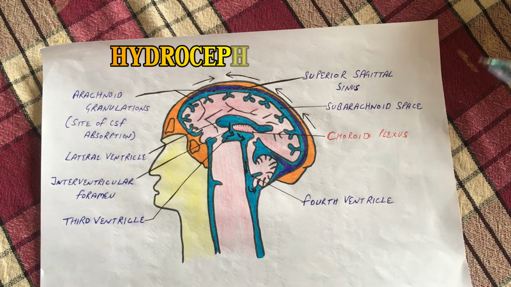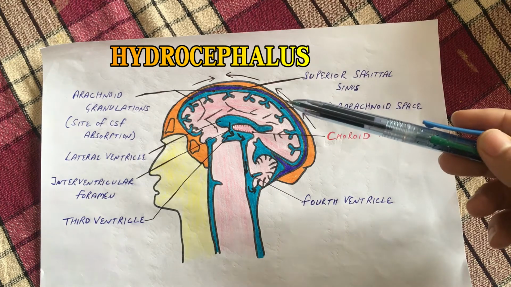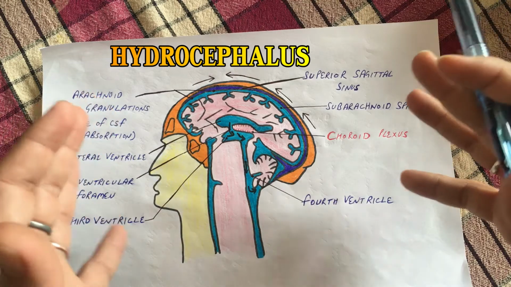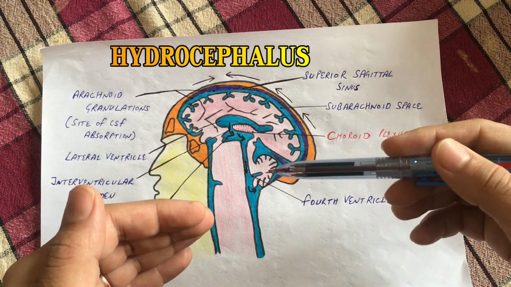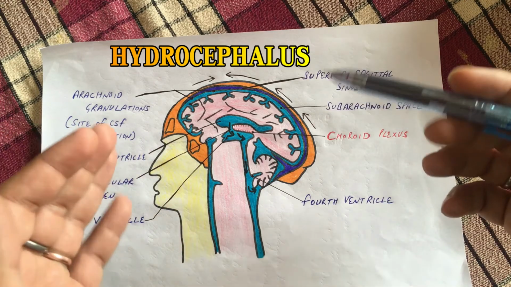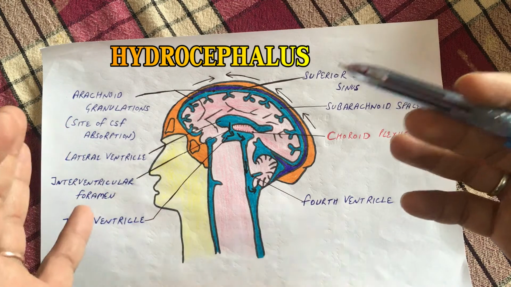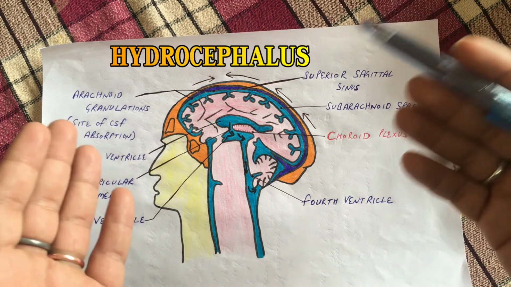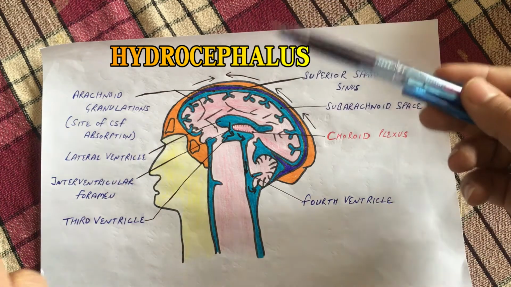Now I will talk about the clinical importance of the CSF. The first condition is hydrocephalus. Abnormal increase in the quantity of the CSF can lead to enlargement of the head in children. This condition is known as hydrocephalus. This abnormal increase in the quantity of CSF can lead to degeneration of the brain. This is caused by excessive production of the CSF, obstruction to its flow, or impaired absorption.